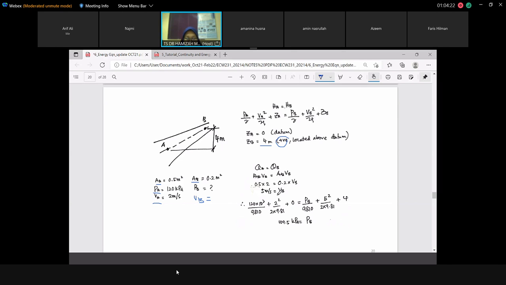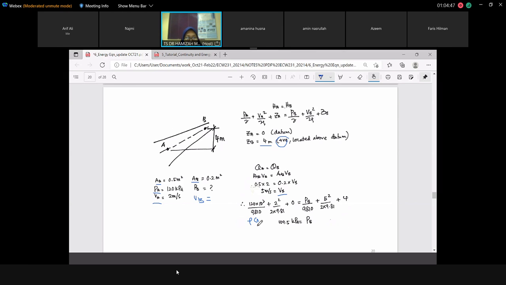So masukkanlah, ni adalah 120 kilopascal, need to convert to pascal, so it is 10 kuasa 3. Ini adalah rho times g. So 1000 kali 9.81 dapat 9810. So the first V is 2.